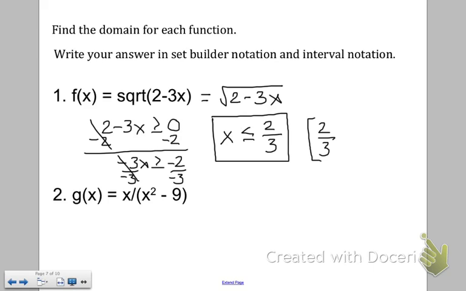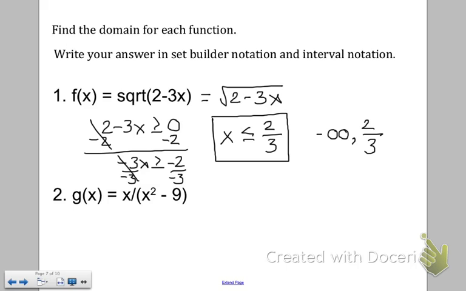I need to rewind. If x is less than or equal to 2/3, then I'm actually starting at negative infinity. Okay, so I made a mistake there. So when x is less than or equal to 2/3, the furthest I'm going to go to the left is going to be negative infinity. And the furthest I'm going to go to the right is positive 2/3.